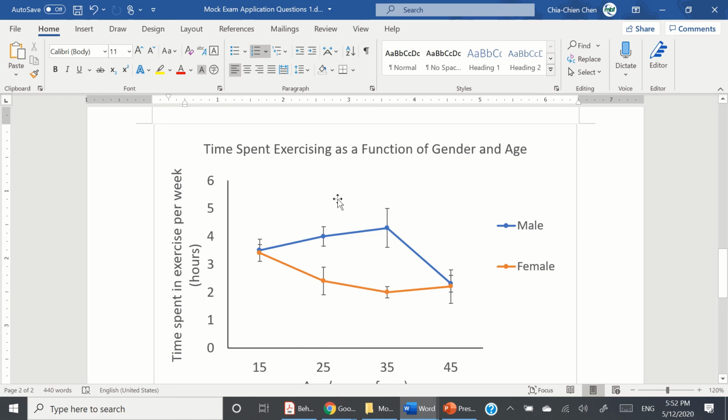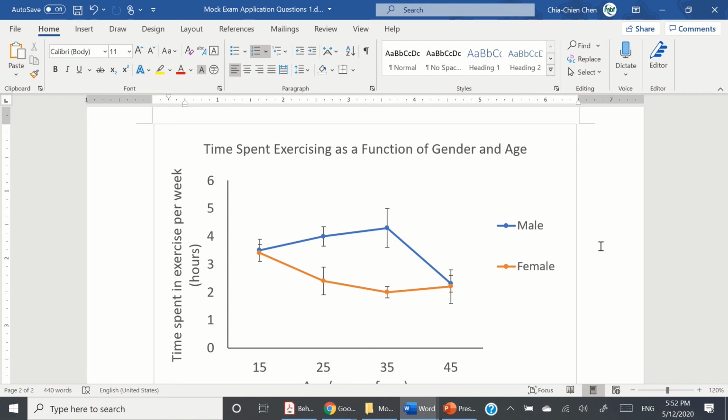This is what you can see in the trend, right? And we also found that there is a significant effect of age, and the overall trend is that the younger the participants are, they tend to spend significantly more time exercising.